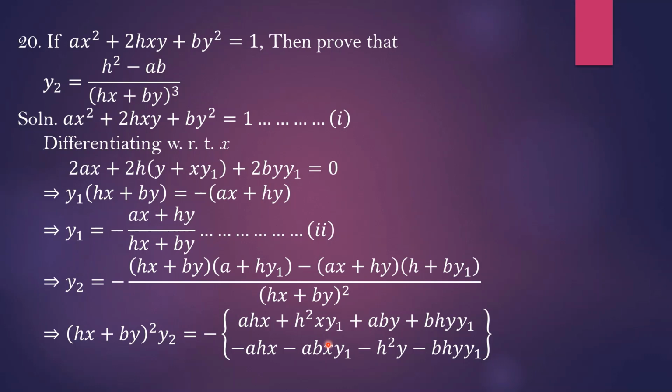Then from this and this term you can take xy1 common, so inside the bracket it will be h square minus ab, and from these two you can take minus y common, then h square minus ab. Taking minus y common will help us, and it will match exactly, h square minus ab. With only y common it would be ab minus h square, so to match exactly I take minus y common so that I can write h square minus ab. So you see the line first.